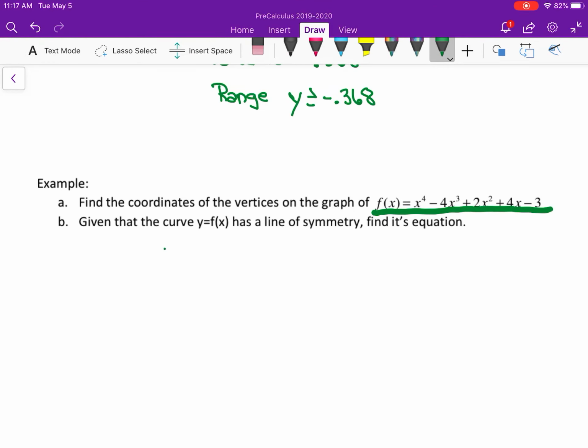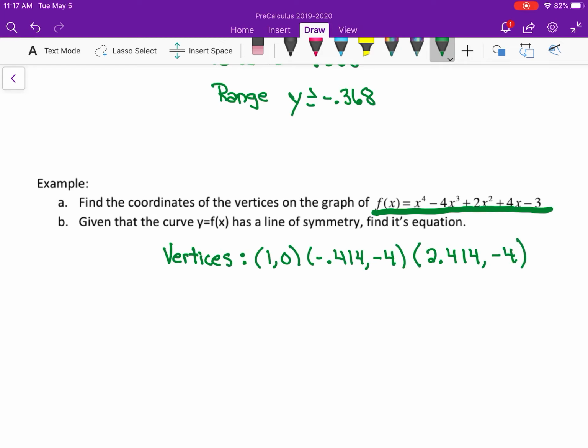So this entire lesson is just about putting things in your calculator and being able to see what comes up. So we have vertices at (1, 0), (negative 0.414, negative 4), and (2.414, negative 4).